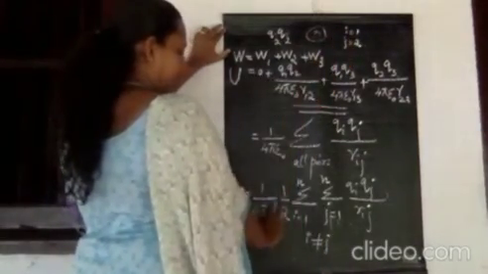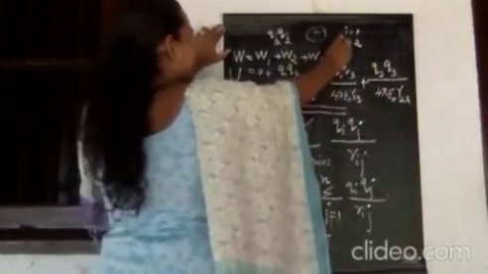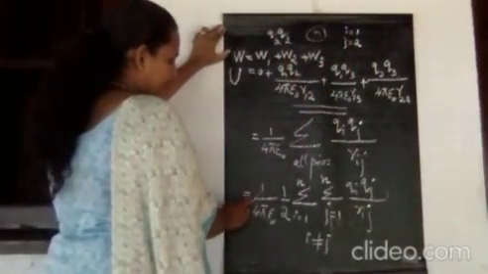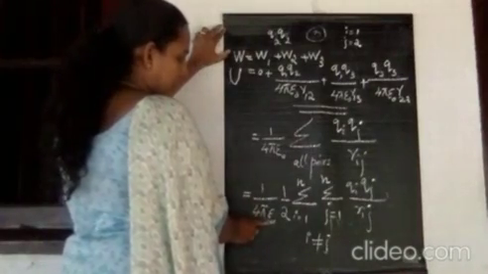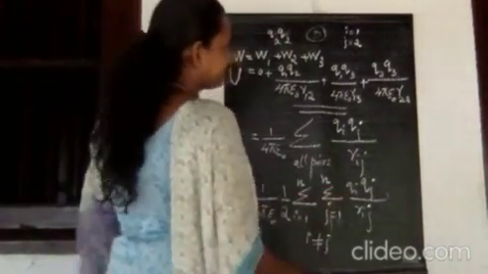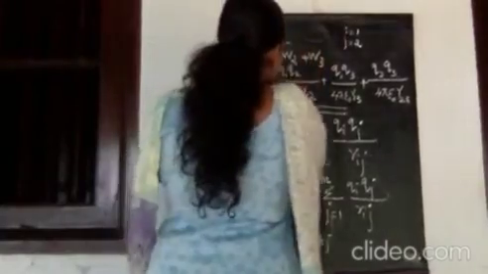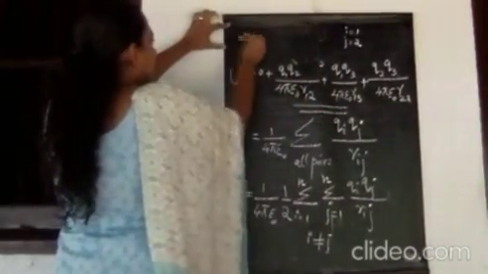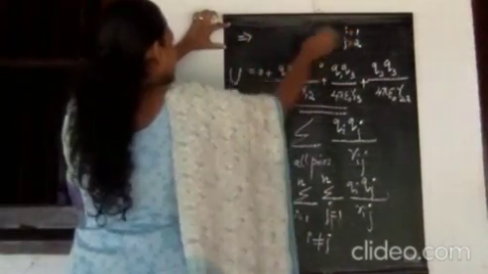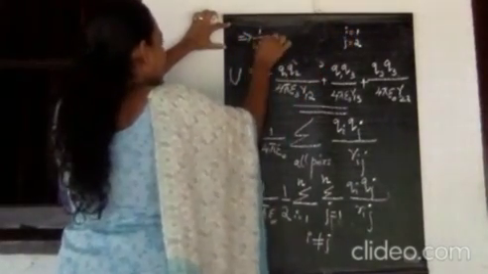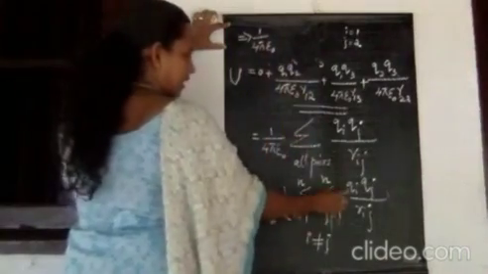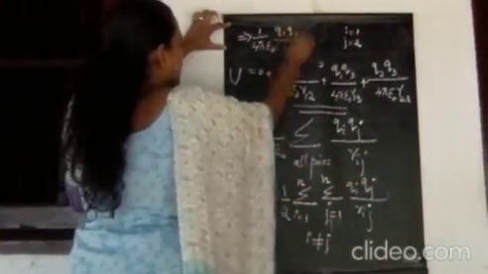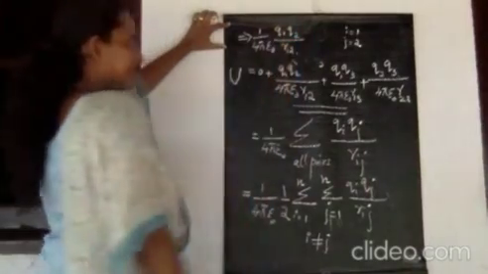If half is not there, and you choose i equal to 1, j equal to 2, how can you write the formula? That is 1 by 4 pi epsilon 0, i is 1, that is q1, j is 2, therefore that is q2 divided by r12.